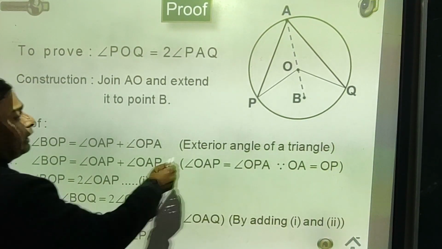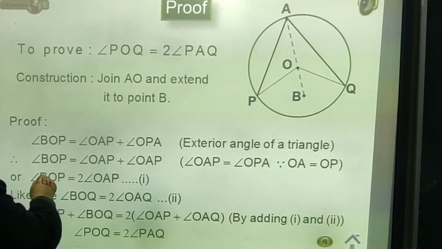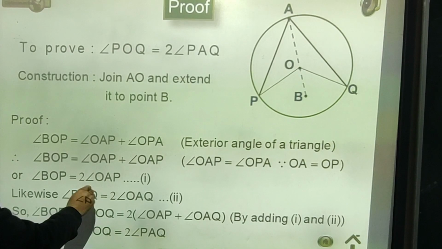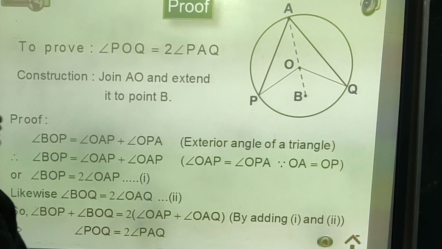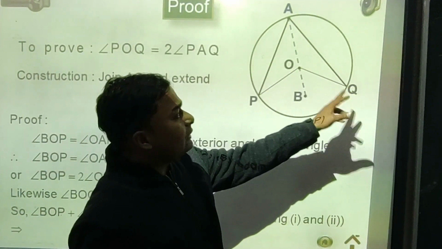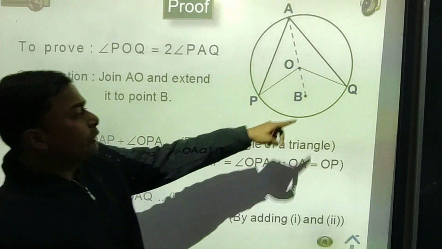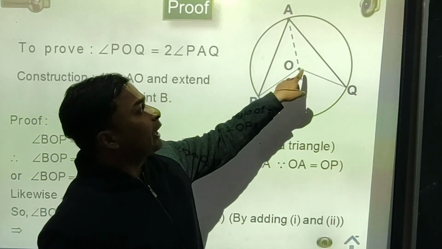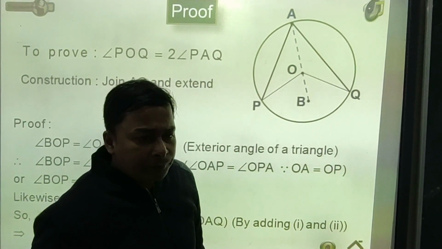Now you can see angle BOP is 2 times angle OAP. Similarly, when we move to the other side, in triangle AQO, the exterior angle BOQ will be 2 times angle OAQ. I hope it is clear.